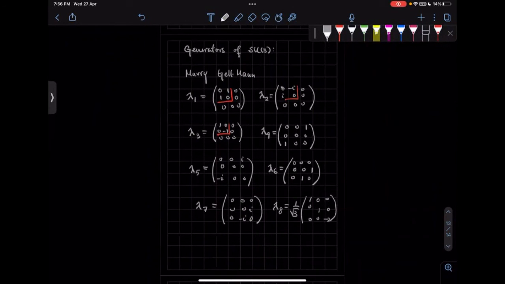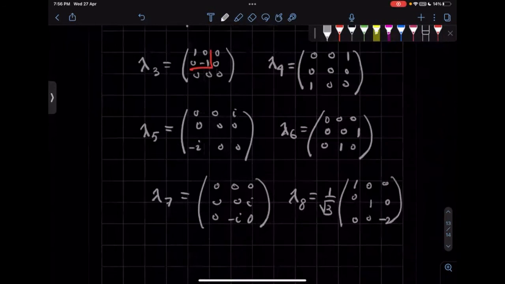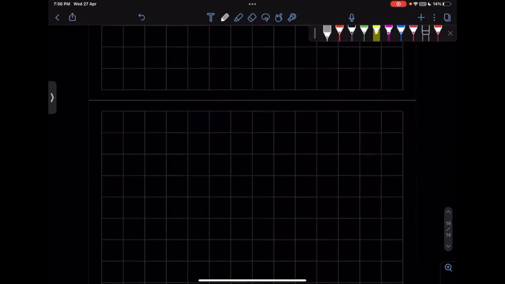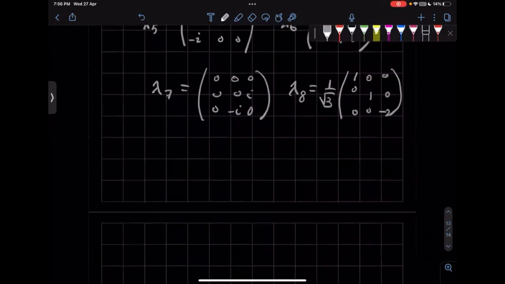You can work out the commutation relationships and you will get the following structure constants. No need to memorize the structure constants. I'm just giving them for completeness. So f12 and all the others that I'm not writing are either 0 or generated from these by antisymmetry.